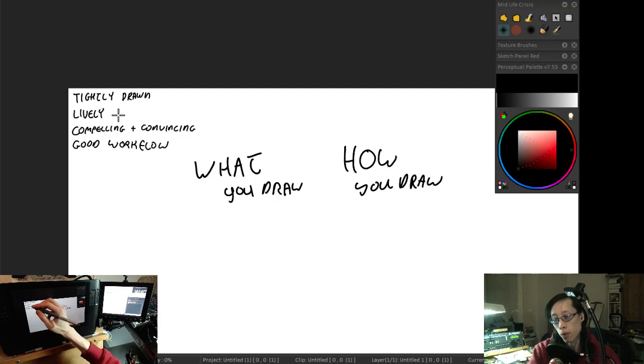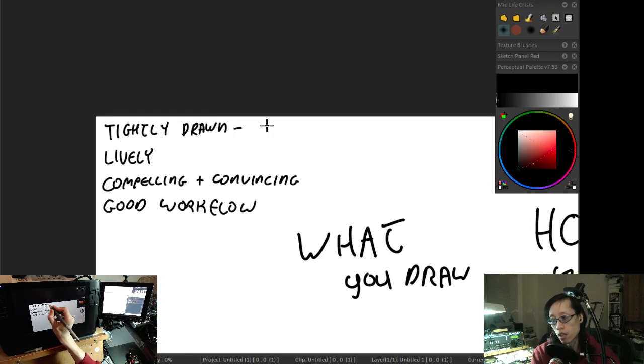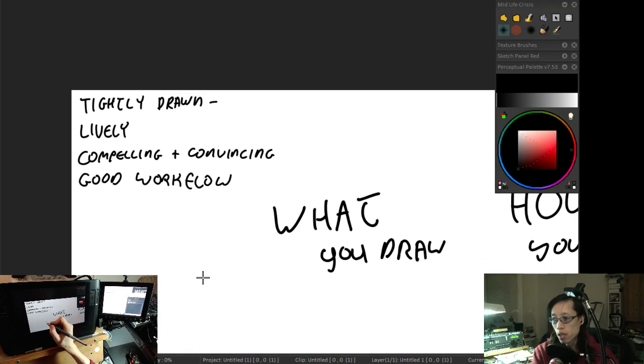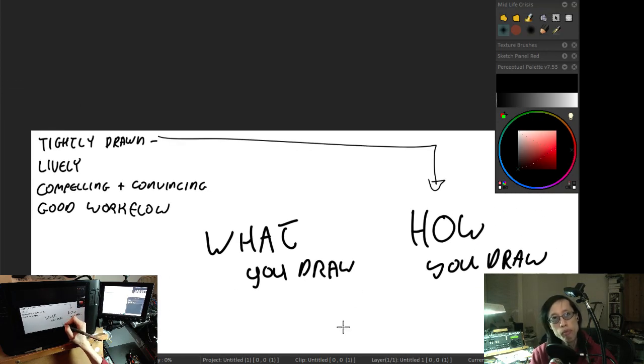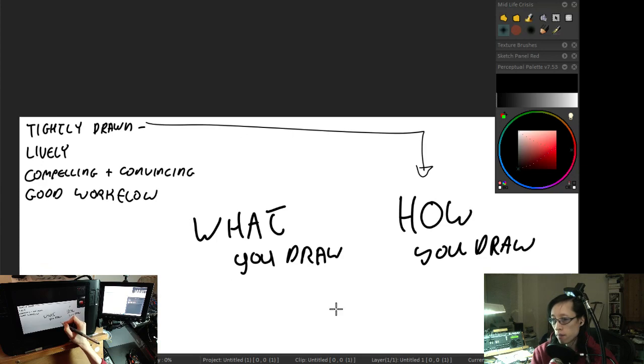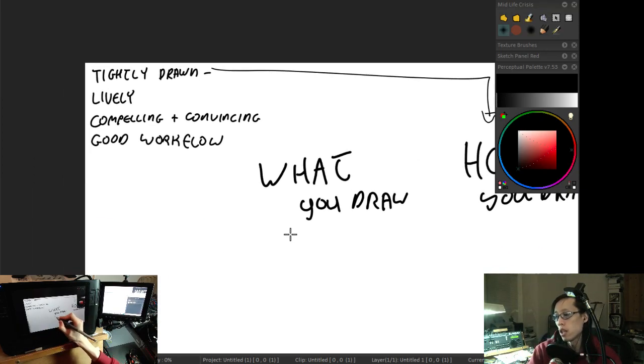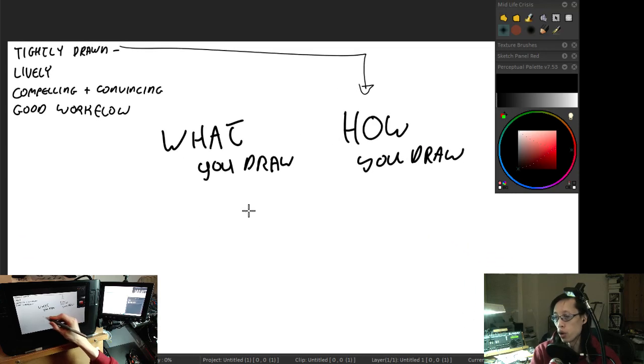So if we look at these four things that you want, there's tightly drawn, right? Tightly drawn, that's more of a how thing, isn't it? Right? Maybe good workflow? Well, that's not necessarily the what and the how, but I would say this is how you go about doing this.